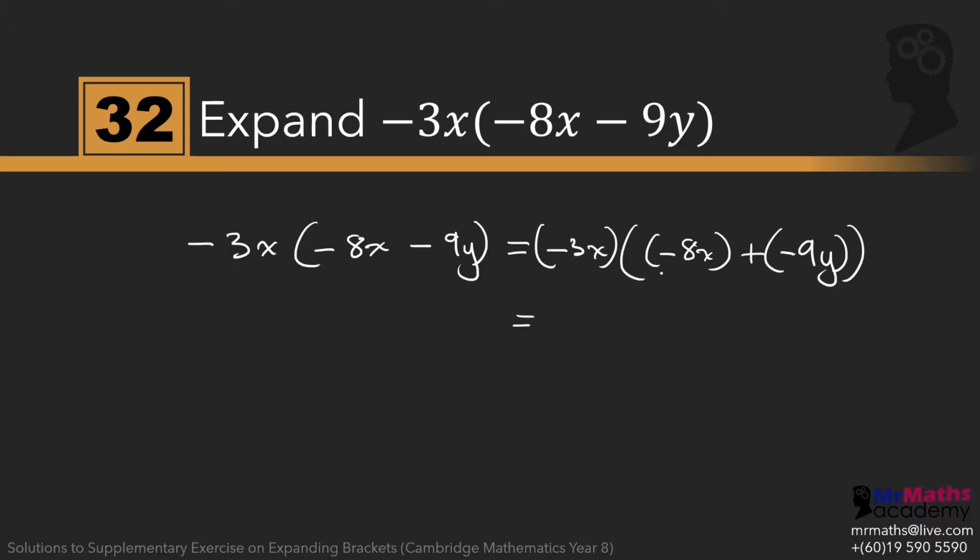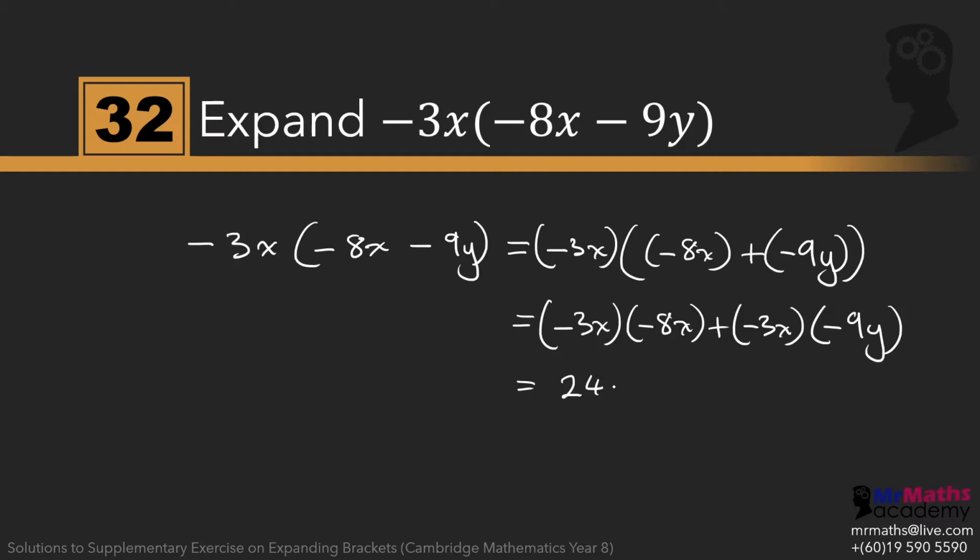So minus 3x and minus 8x, plus minus 3x and minus 9y. So 2 minus multiplied together becomes plus, so 3 times 8 is 24x squared. Plus, again, 2 negative terms multiplied together becomes plus. So 3 times 9 is 27xy. There you go. Next question.